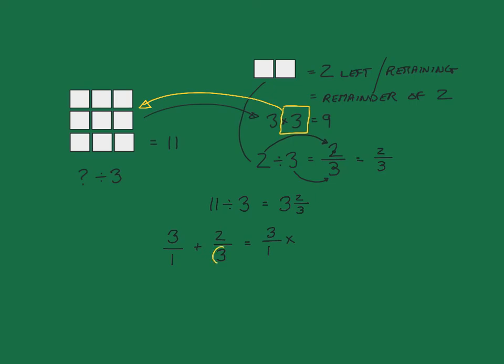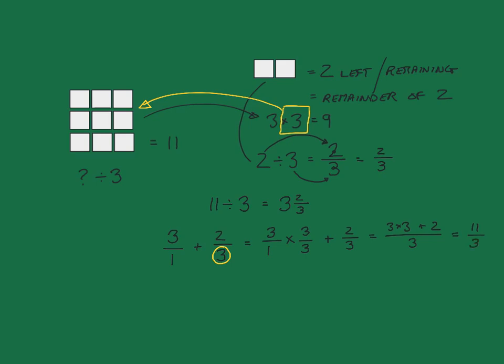We're going to use this number times 3 over 3 plus 2 over 3, and that is going to be 3 times 3 plus 2 over 3, which is 11 over 3.